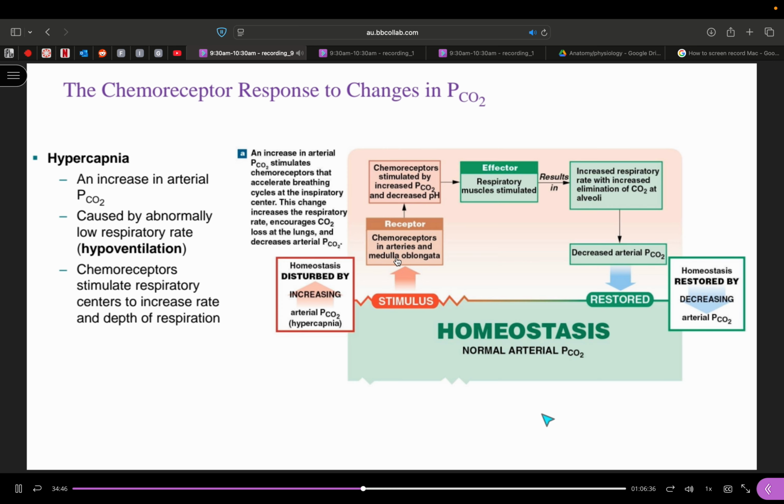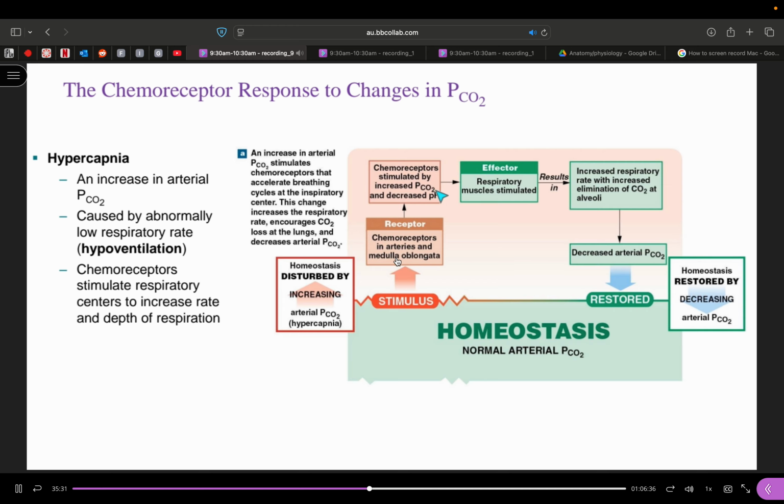All right, what happens here when we have an increase in the amount of pulmonary CO2? These particular slides are really good to get a feel for the basics. The stimulus is an increase in CO2. That's devastating for us, not only for our respiration, but for our blood, our ability to maintain that particular pH level of our blood is really important. So your receptors pick up on this. Your arteries and medulla oblongata kick in there.